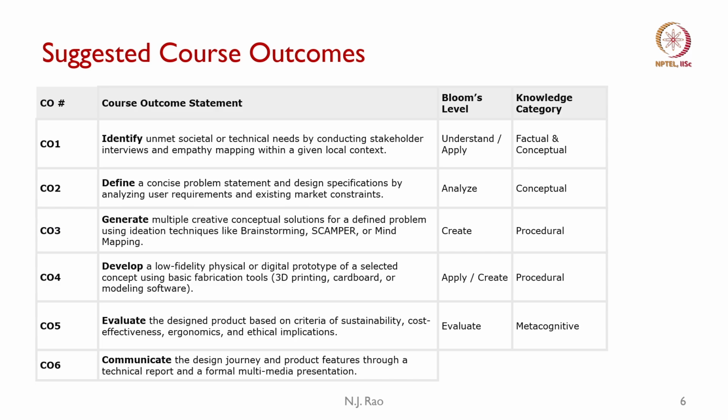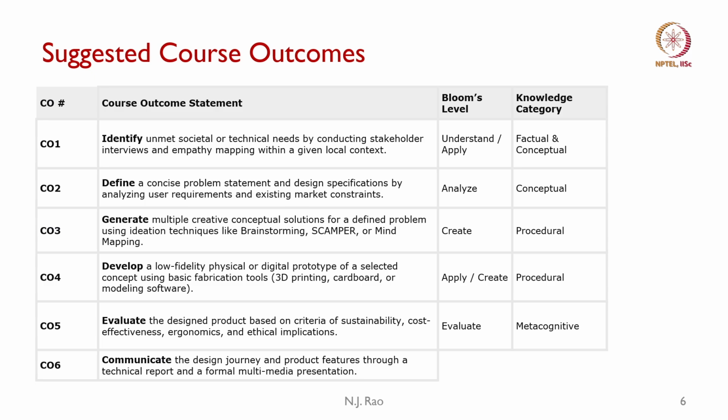Identify unmet social and technical needs by conducting stakeholder interviews and empathy mapping within a given local context. That means the students are required to somehow interact with somebody. They first form groups, maybe 3 to 4 students in a batch, and together they discuss, talk to potential customers, and through the interviews find out what their local requirement is.